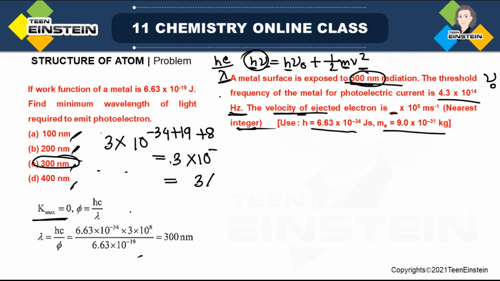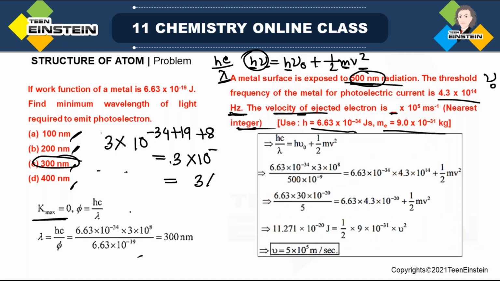Accordingly, you have to choose the formula. If the nu value is given, you can use that directly. If it is given in terms of lambda, you have to write first hc by lambda, then only you can use this equation. So here we will use this equation. We will put all the known values, and from that calculation we can get the unknown value of velocity.